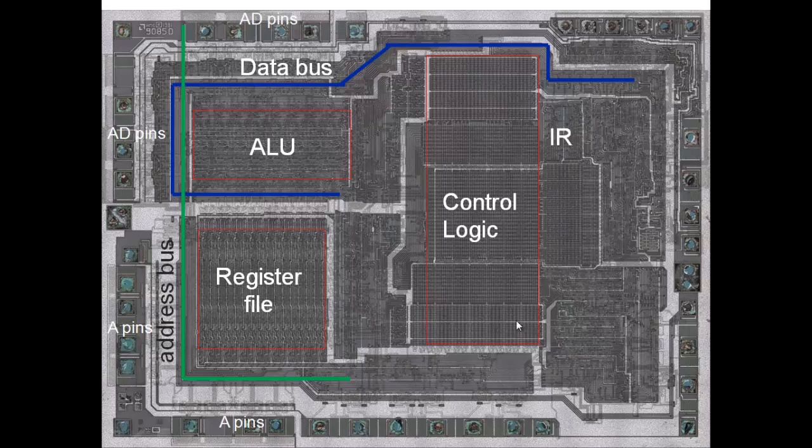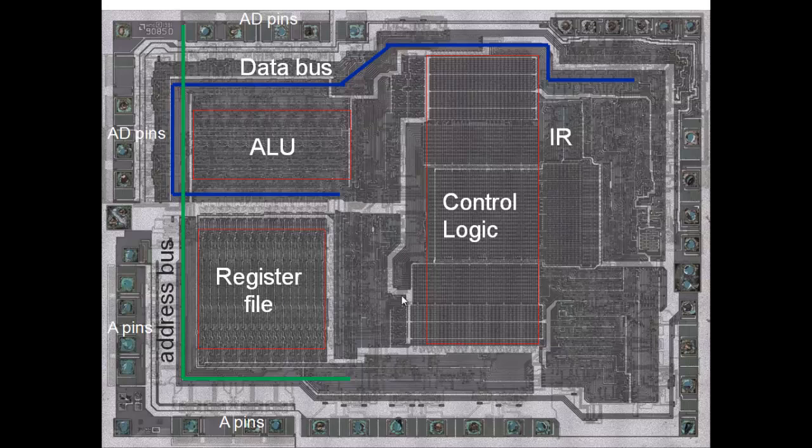The instruction register is here. Input from the instruction register comes into the state machine, your controller, and the controller generates the control signals for the rest of the chip. So you can see in terms of area, it is a fairly complex unit.